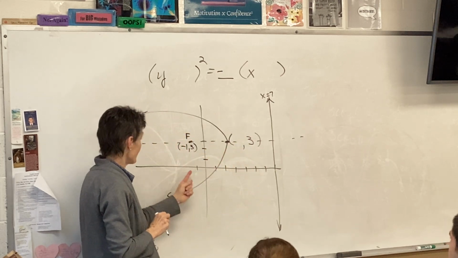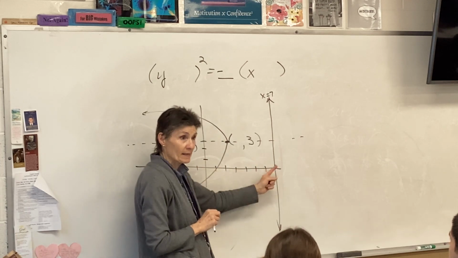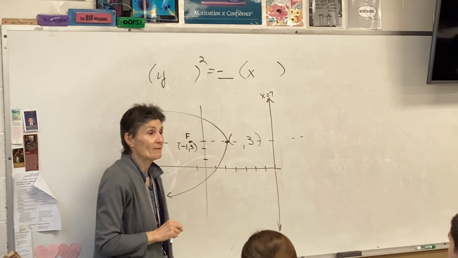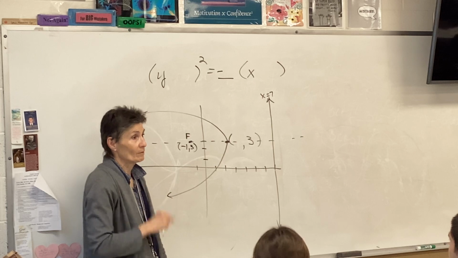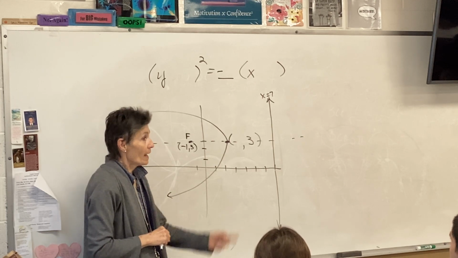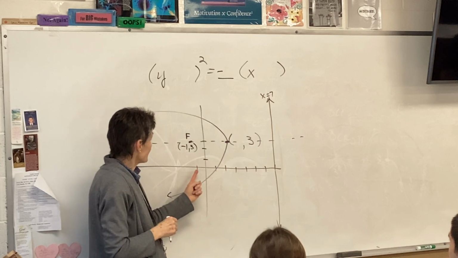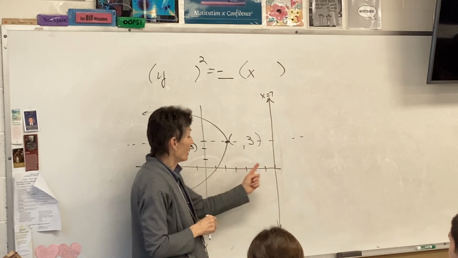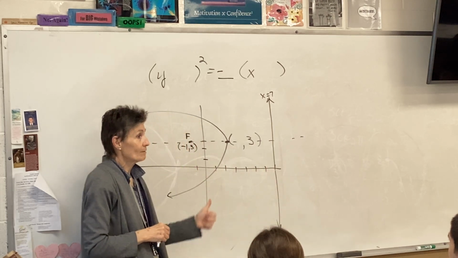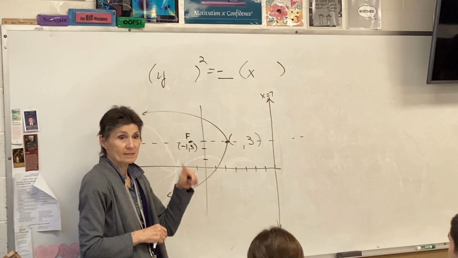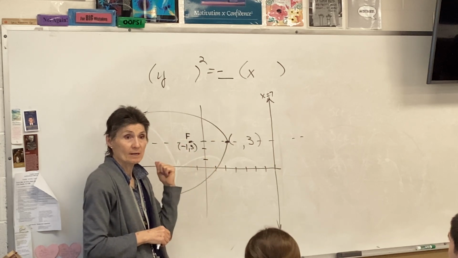And the x is going to be halfway between -1 and 7. How do I find midpoint? Middle value? Add them and divide by 2. I find the average. So what's the average of -1 and 7? -1 plus 7 is 6. Divided by 2 is 3.